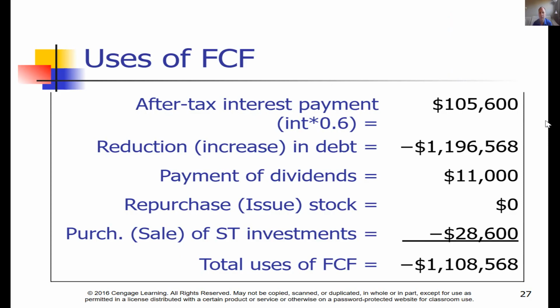Summing up, the interest payments are positive because that is money returned to the investors. The dividends are positive because that is money returned to stock investors, whereas the increase in debt is negative because that is more money taken from debt investors, and the sale of short-term investments is also negative because that is more money taken from investors.